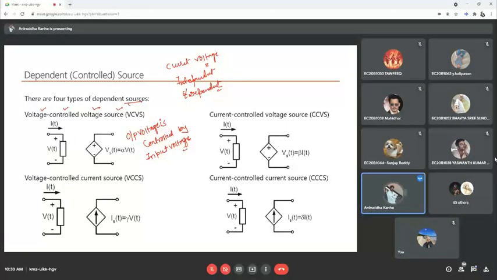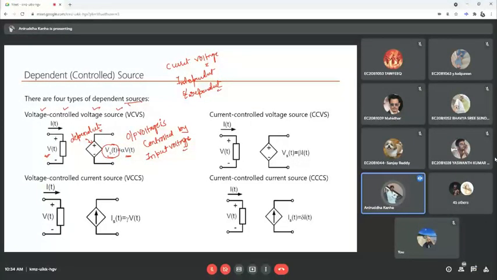How do you know this is a dependent source? The voltage of this dependent source, Vs of t, is dependent on the voltage of this input port, or this side of the circuit.